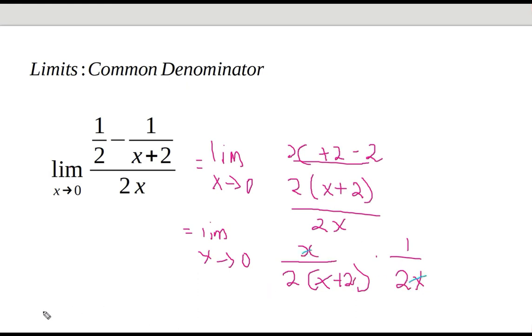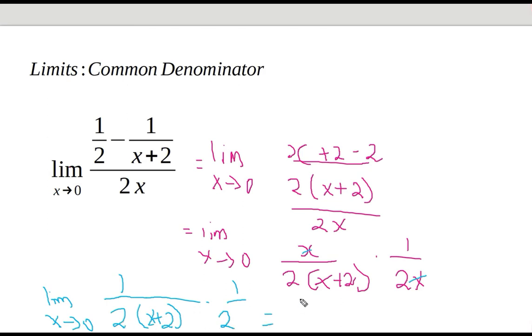Okay, so now we'll be left with the limit as x approaches 0. We have 1 over 2 into brackets x plus 2, and then we have times 1 over 2. So this 2 times 2 is 4.